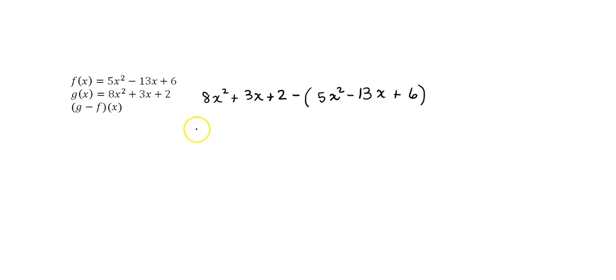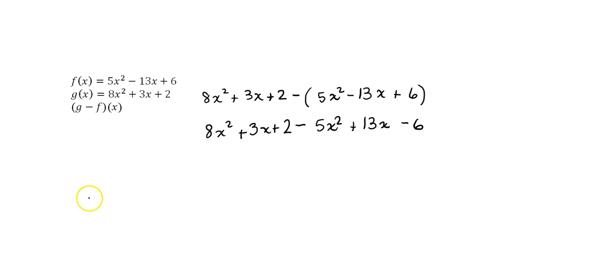So I'm going to just bring this first part down, so that becomes an 8x squared plus 3x plus 2 minus 5x squared plus 13x, right? Because the negative times the negative is going to give me my positive. And then I'm going to have a negative 6.